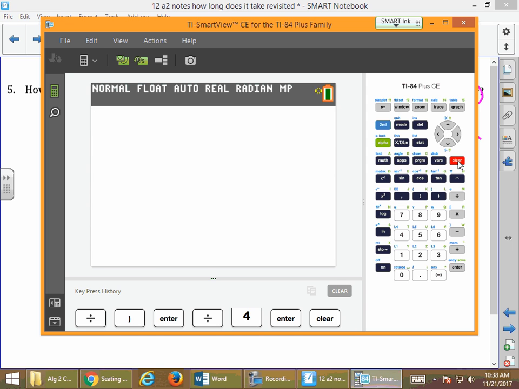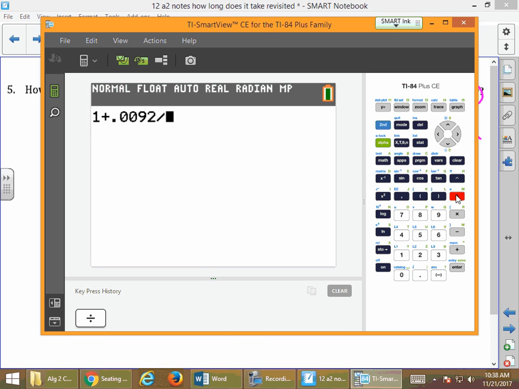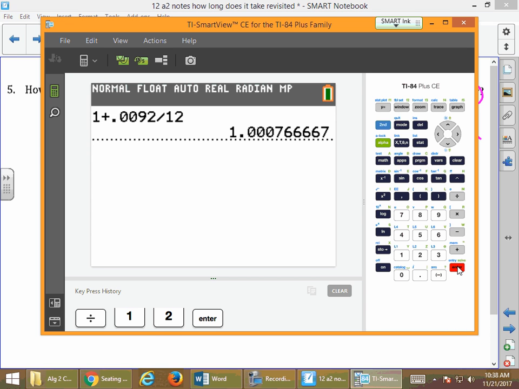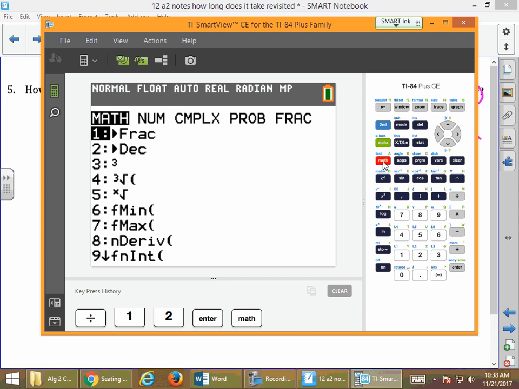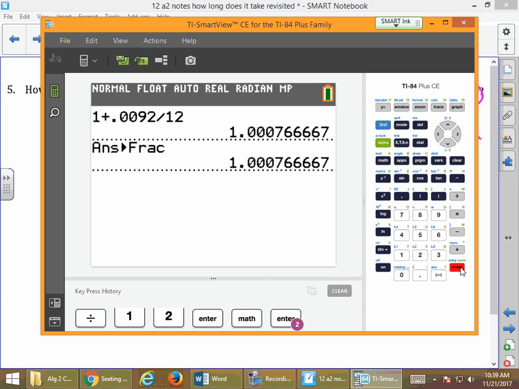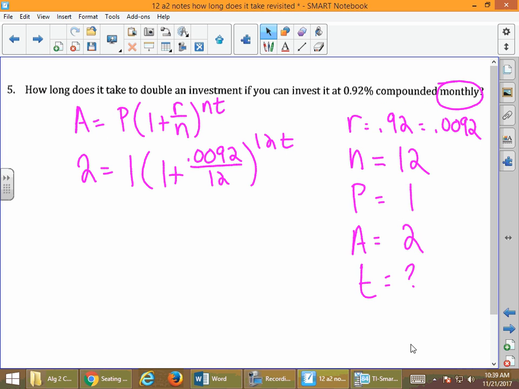It's 1 plus 0.0092 divided by 12. Gives us this big long decimal. And it's not going to give us anything that we can work with. So this time we can't condense it down here. So I'm going to leave it.